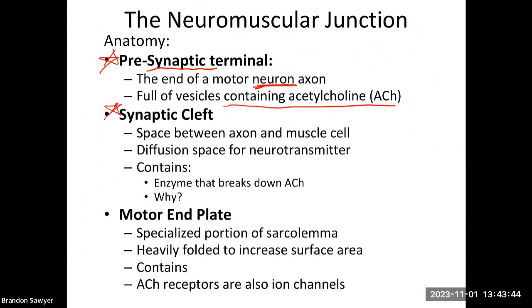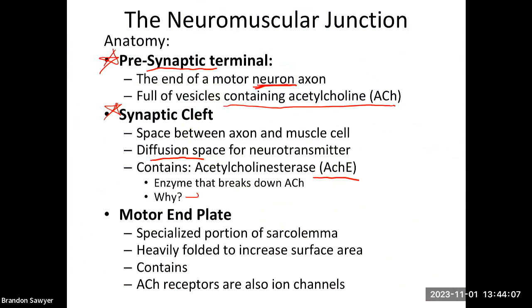Second part of the neuromuscular junction is the space between the nerve and the muscle. That's called the synaptic cleft. This is where that neurotransmitter diffuses through, so it's just a fluid-filled diffusion space. It's going to contain an enzyme called acetylcholinesterase. Like the name implies, it helps us break down acetylcholine.